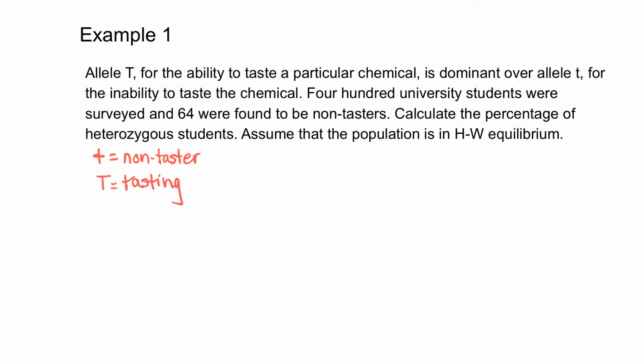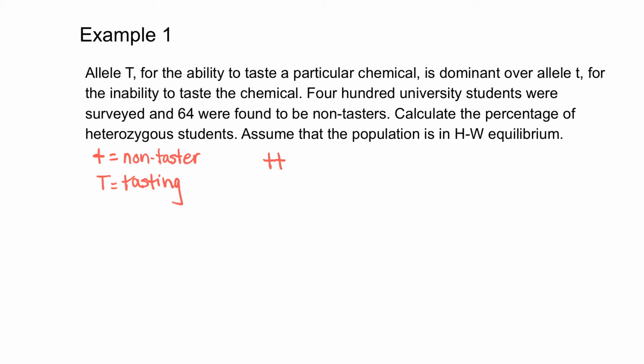400 university students were surveyed and 64 were found to be non-tasters. So 64 out of 400 were non-tasters. In order for a person to be a non-taster, their genotype must be homozygous recessive, right?